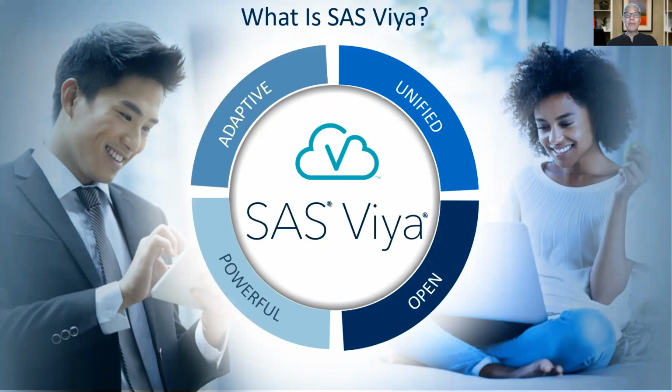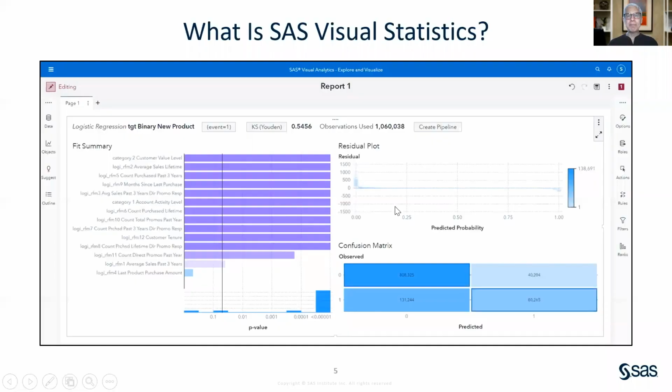This works really well for us, especially when we have algorithms that are very computationally expensive. And so that's one of the reasons I think SAS Viya is most important to us.